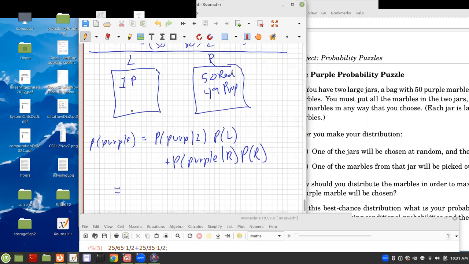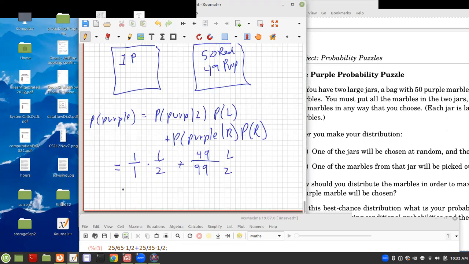Here the probability of purple given it's on the left is going to be 1 over 1 times 1/2, because you're only going to have one marble to pick, so it's this one marble over the total number of 1, plus the probability of purple on the right, which is 49 over 50 plus 49, which is 99, because you've almost got all of them there, times 1/2.